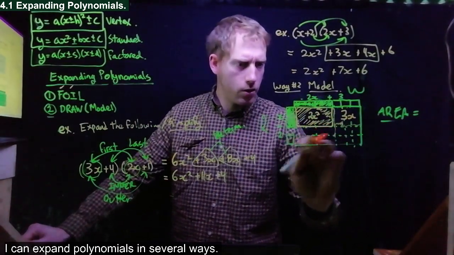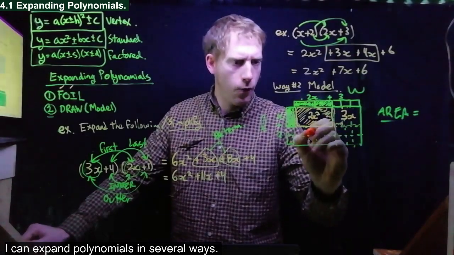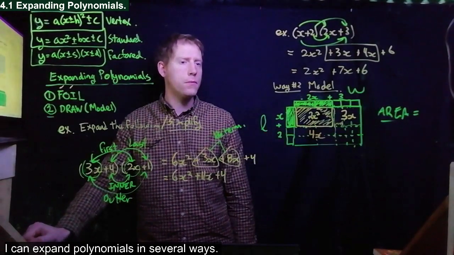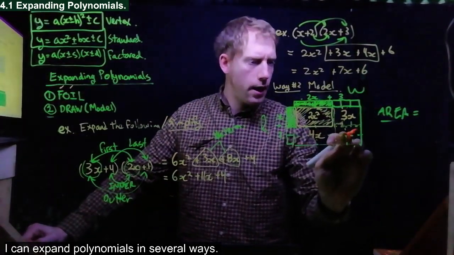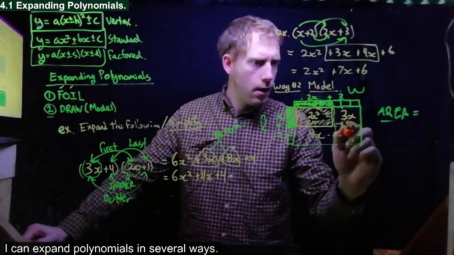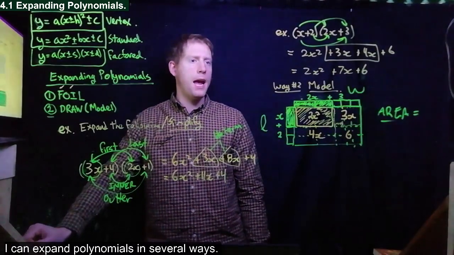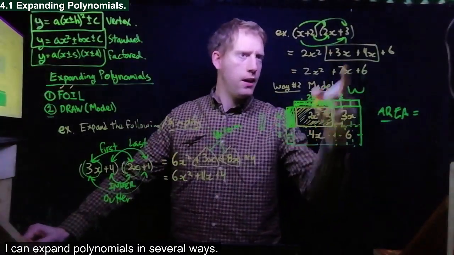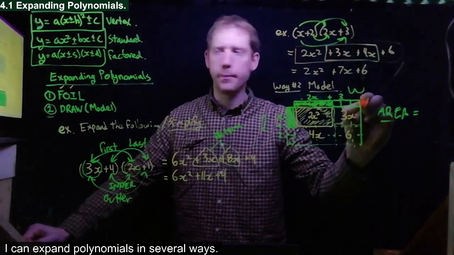The total area here is going to be 4x. And then the area here is 3 times 2. The total area here is 6. And there we have everything. It's the same as this guy right here, but it's in this form.